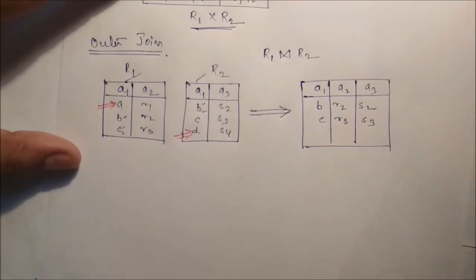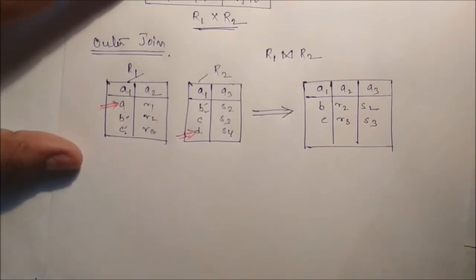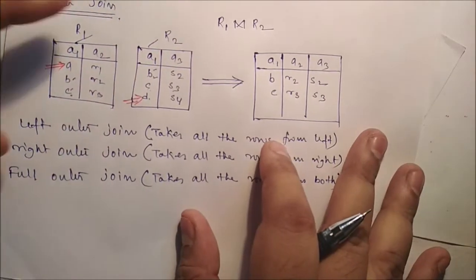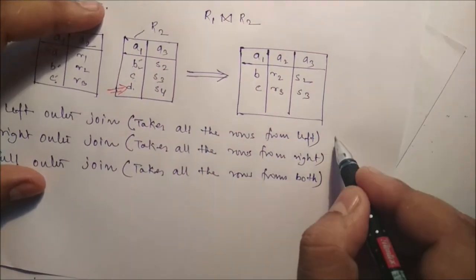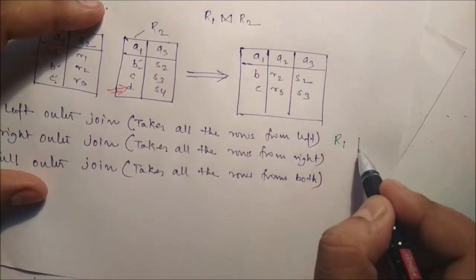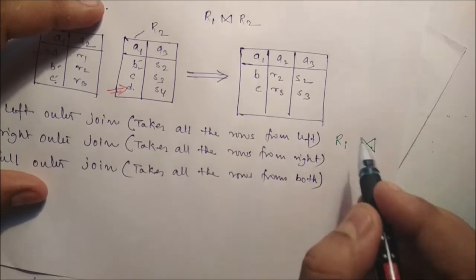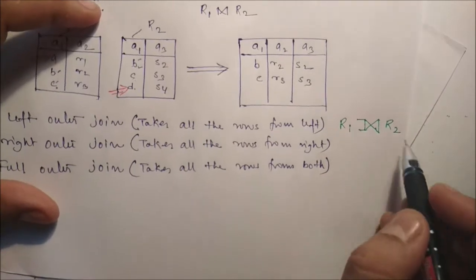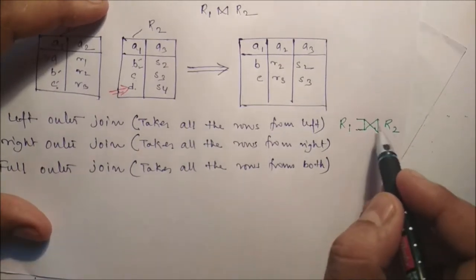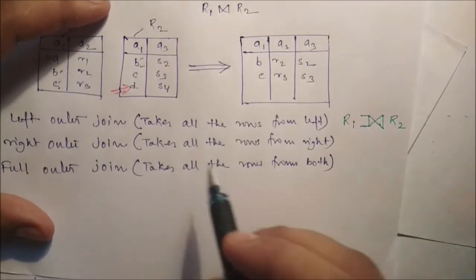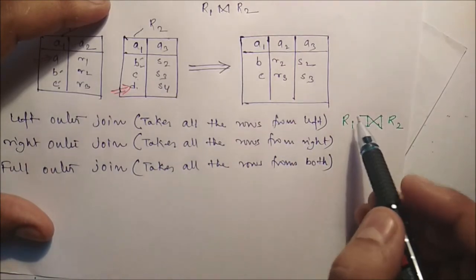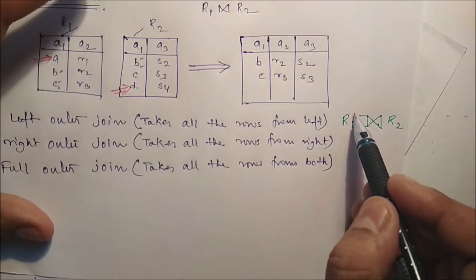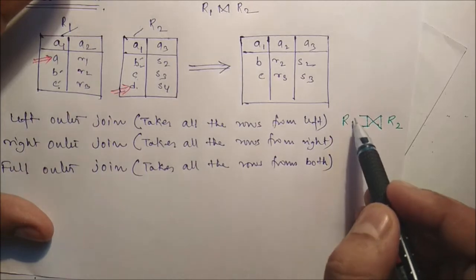Now there are three outer joins. Left outer join, this is the symbol for it, between R1 and R2. That means it takes all the rows from the left table, the left relation, so it selects all the rows from R1.